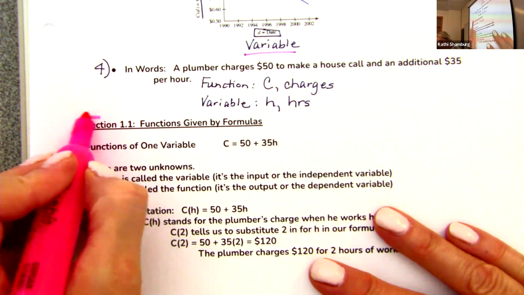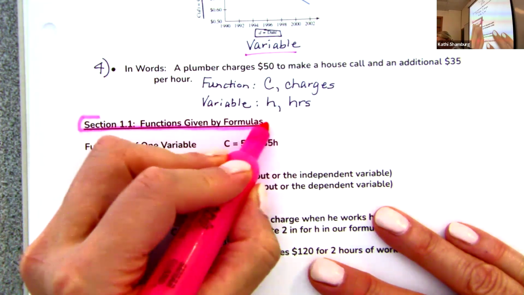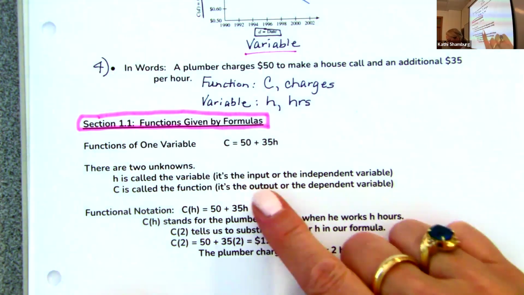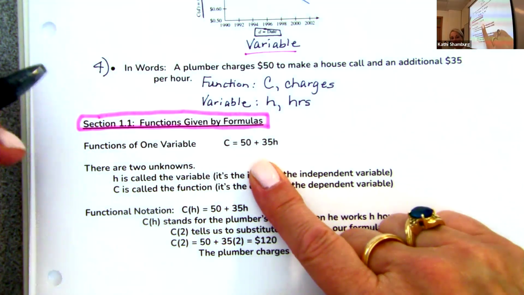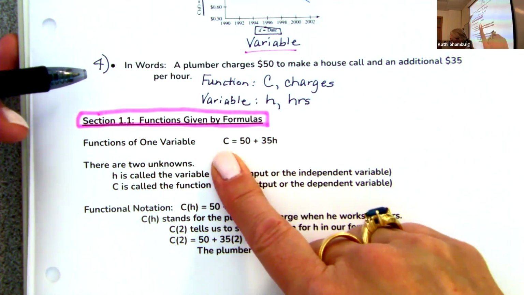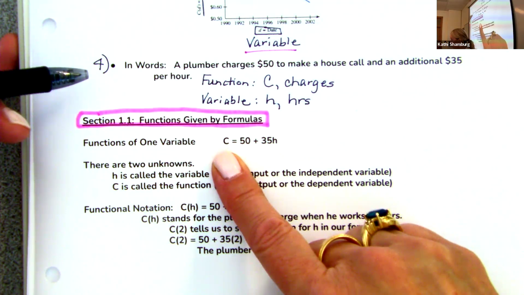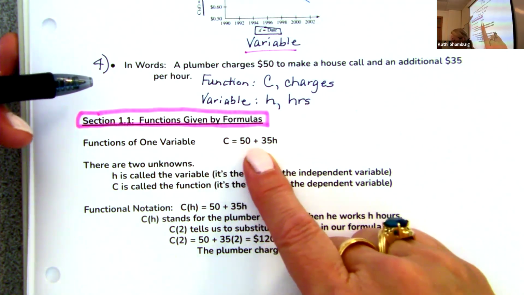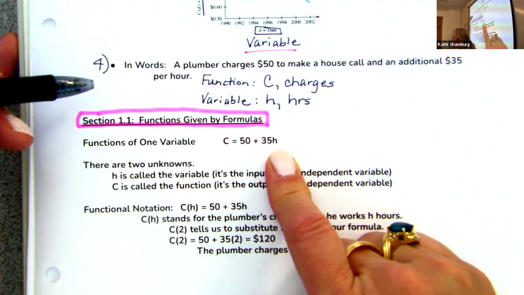So now we're entering section 1.1. This formula right here is based upon the example that we just did. C is representative of charge. That formula is $50 plus $35 per hour.